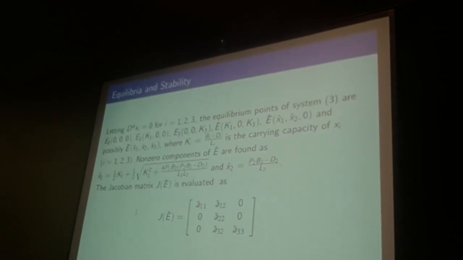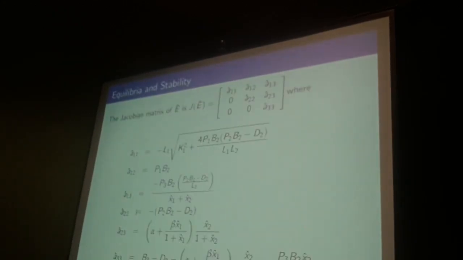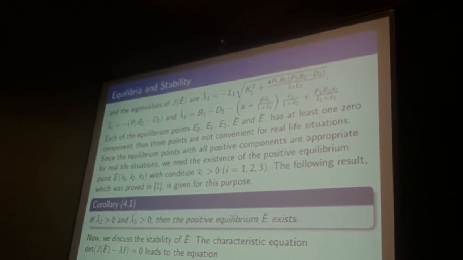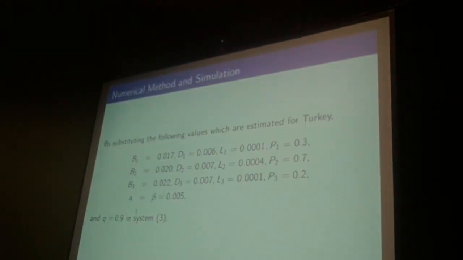We find the equilibrium points and their stabilities. The corollary gives the existence of a positive equilibrium, and a numerical method and a simulation follow.